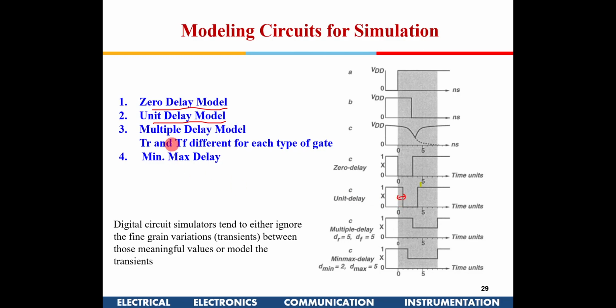Or you could have multiple delay models. For each gate there could be an appropriate rise time and fall time, different rise and fall times you can specify.